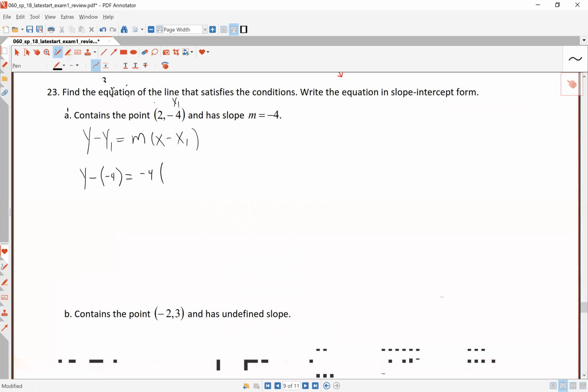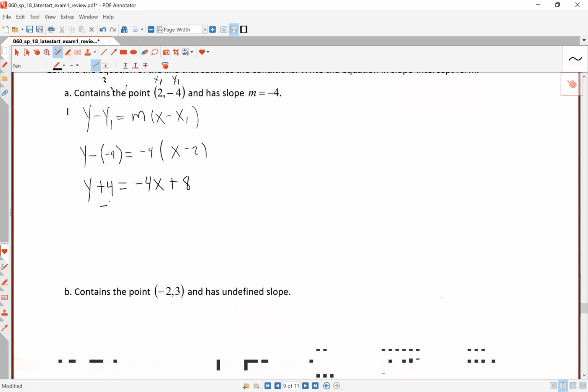And x1 is 2. So that's x minus 2. Get rid of the y minus -4 and write y plus 4. And then I distribute the -4 across: -4x plus 8. I subtract 4 from both sides to get y by itself and have y equals -4x plus 4.